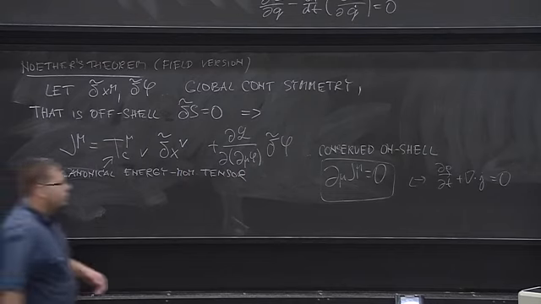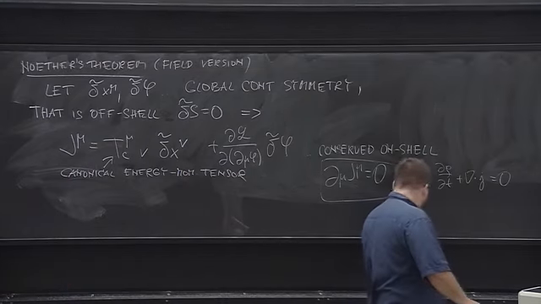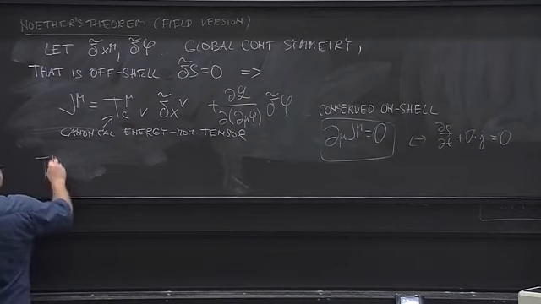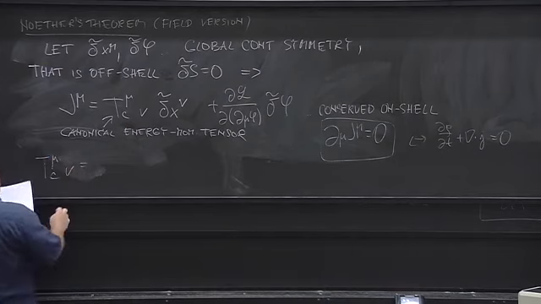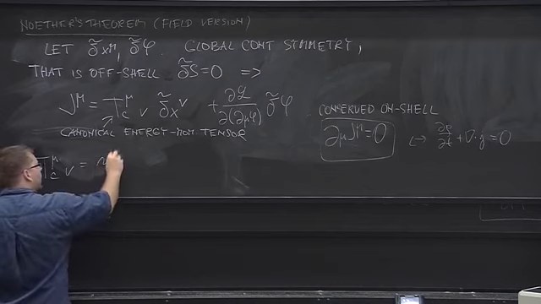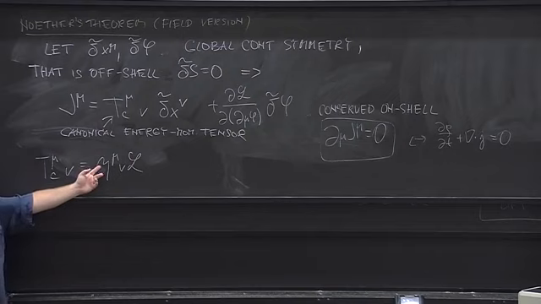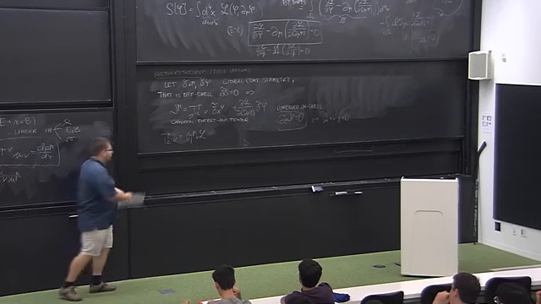And you have the following prescription for it. It's simply given by T mu nu canonical equals eta mu nu L. Of course, this is my eta, the metric, but now I raise one index, so this is really delta mu nu. Doesn't matter.